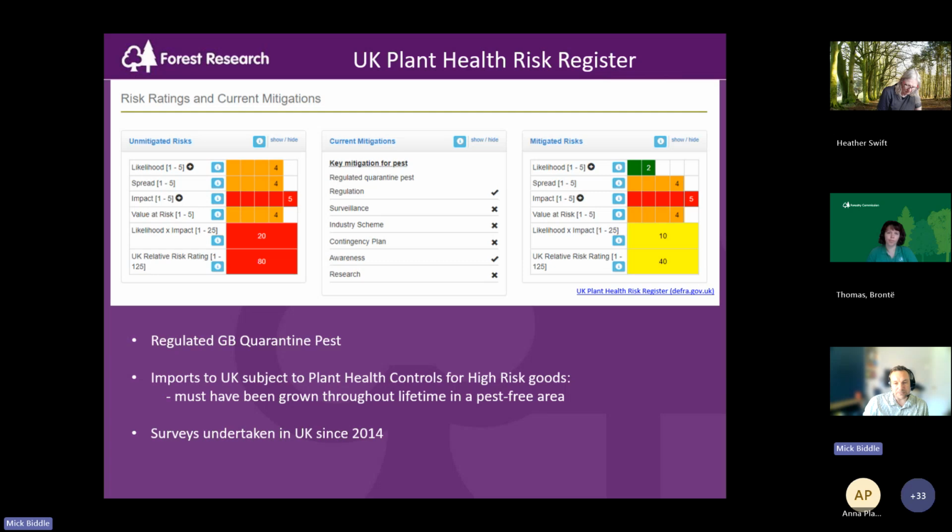It's subject to plant health controls for high risk goods, so any plane trees must have been grown throughout their lifetime in an area that's shown to be free of the pest. And we've had surveys undertaken in the UK since 2014, and we've had a pest-specific contingency plan in place since 2016. And those mitigations have reduced the risk, according to the risk register, down to a more acceptable level. But it still poses a threat, and we shouldn't be complacent about it.